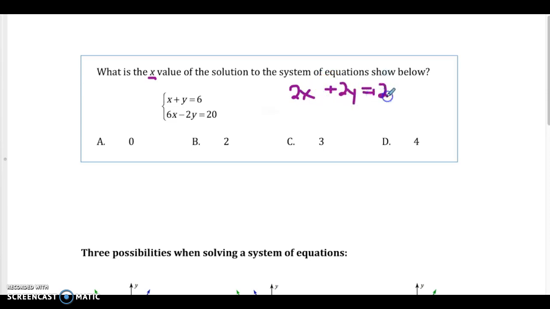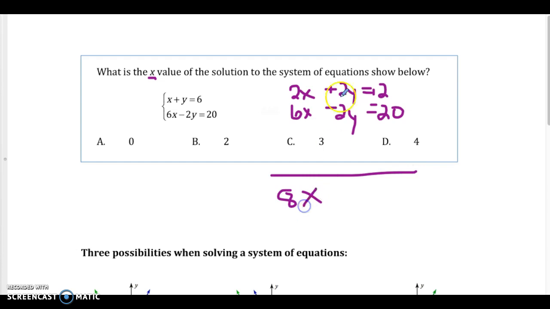I can then write my second equation, okay? And subtracting, the 2y there equals 20. And then my result, I'm going to write down here, is 8x, my y's are eliminated, equals 32. If I divide both sides by 8, I am left with x equals 4.